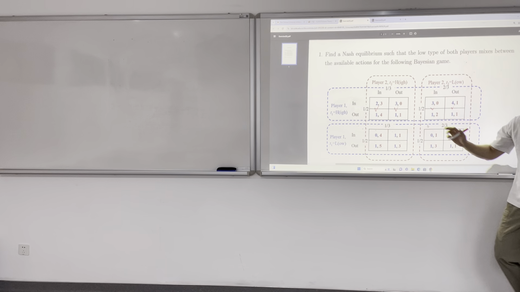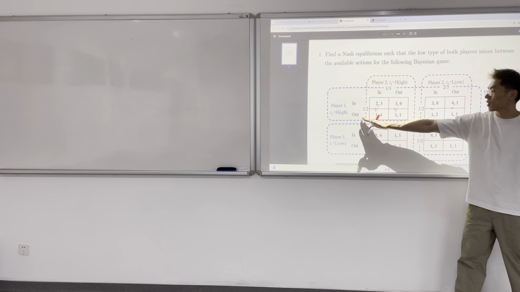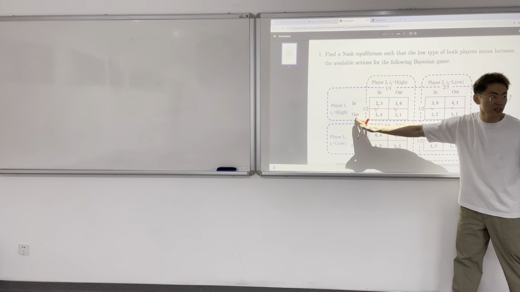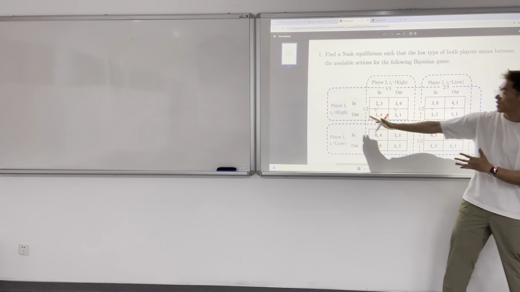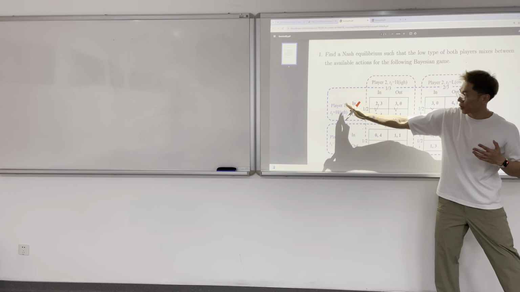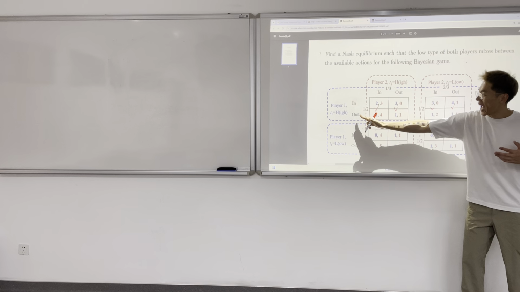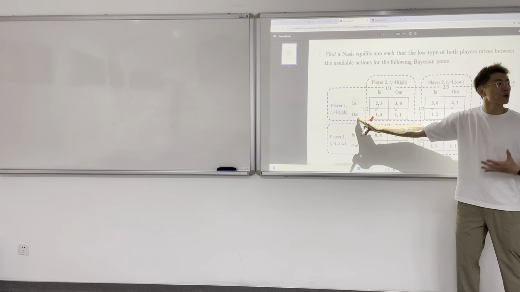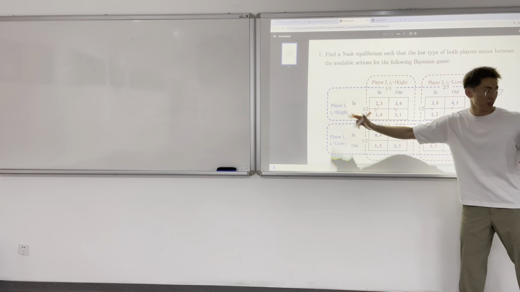So we can see here that in is a dominant action over out. That means for high type player 1, the action out is a dominated strategy, which will never be played by player 1.